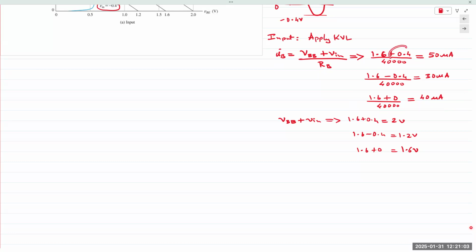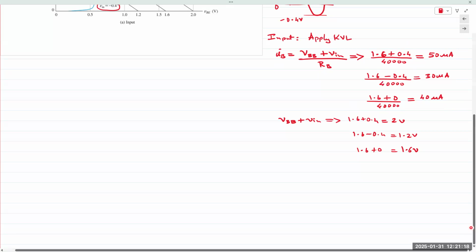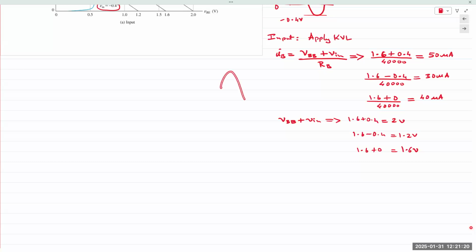V in goes to 0.4, IB increases to 50 microamps. V in swings negative, goes to minus 0.4, IB now goes to 30 microamps. So IB is swinging between 30 and 50 microamps. Okay, you all with me so far?